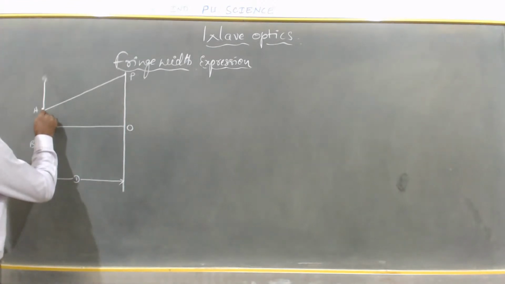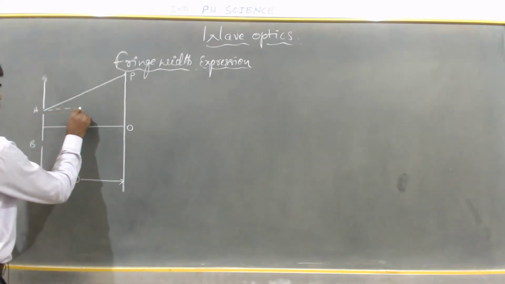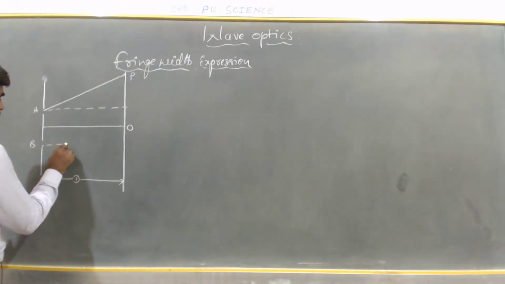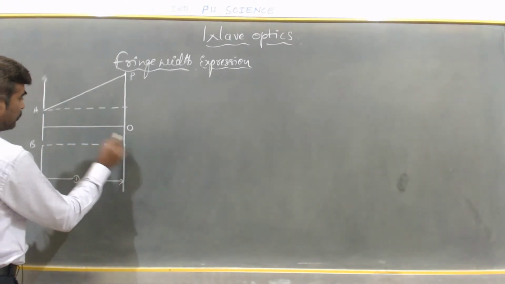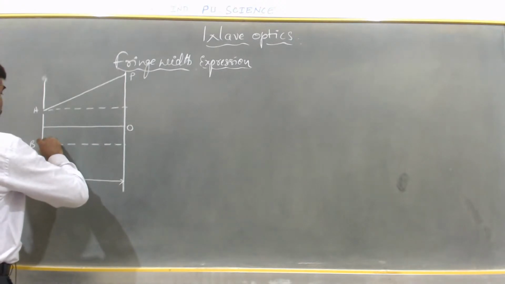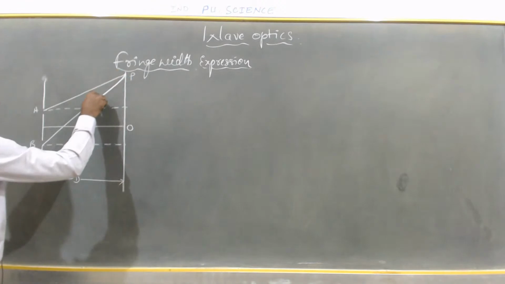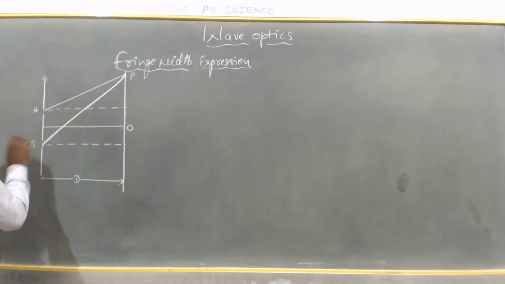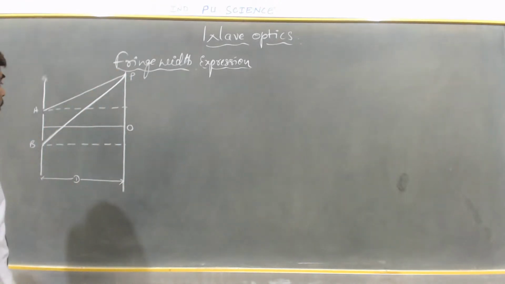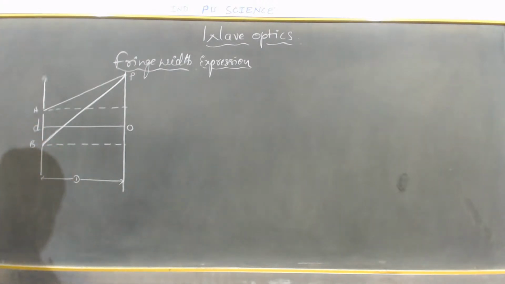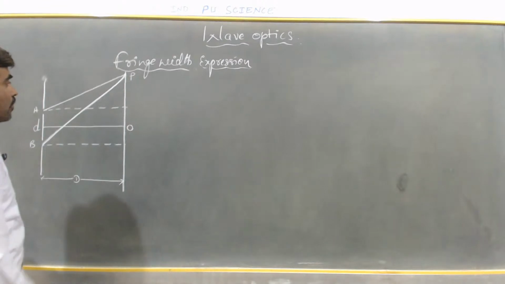Similarly, from the second slit also the wavefront would have made the same point, since both the wavefronts have to overlap, and the distance between the slits is a small d.